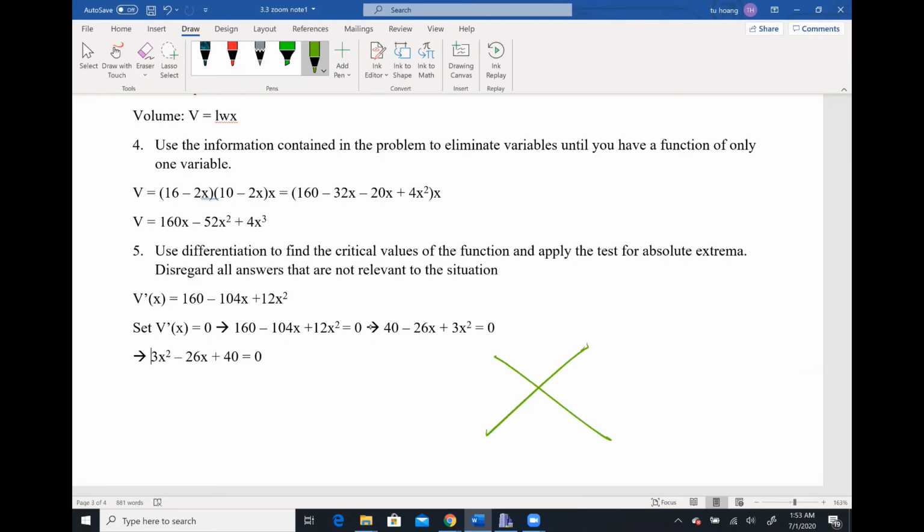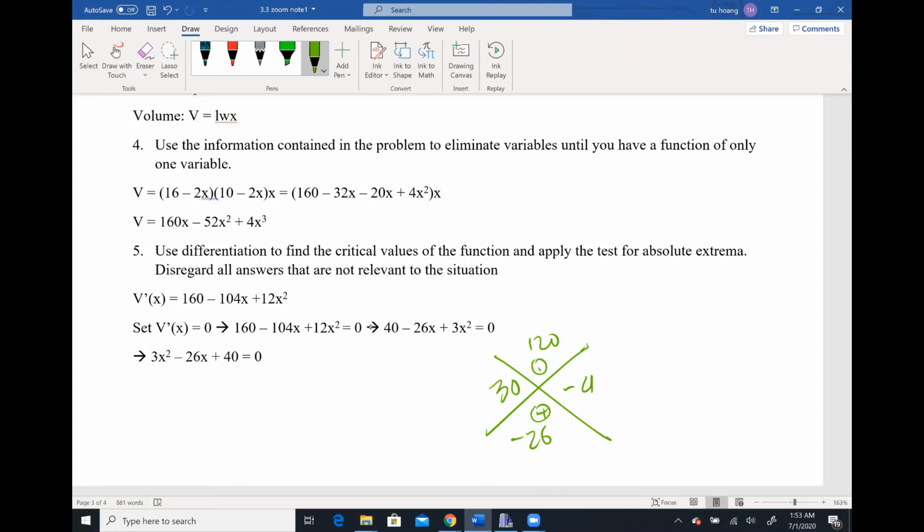A times C can be 3 times 40, 120. This is multiplication. And then B equals negative 26, addition. So two numbers whose multiplication is 120 and addition is negative 26. I'm going to say 30 and negative 4.